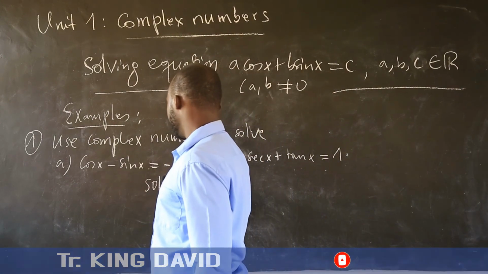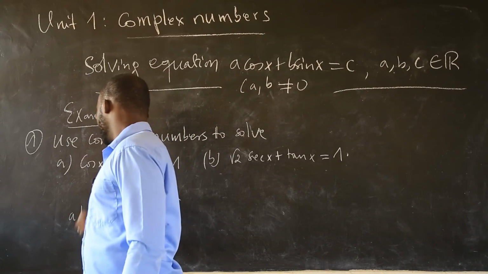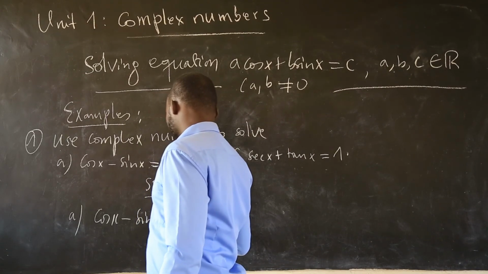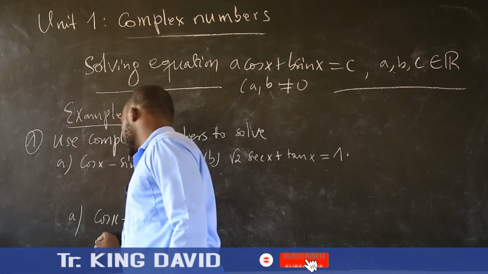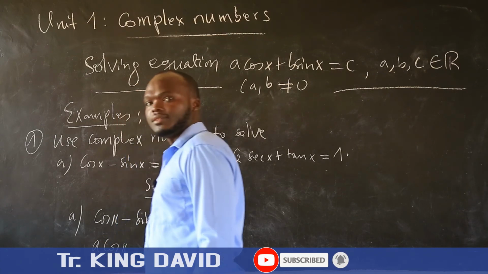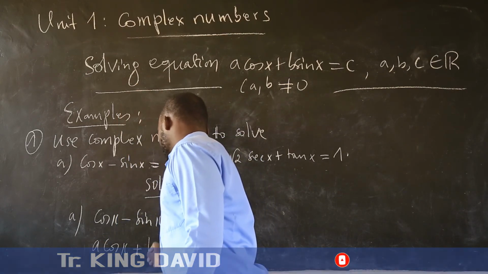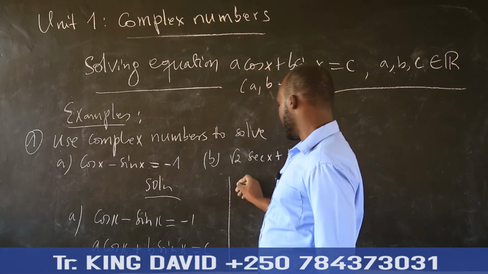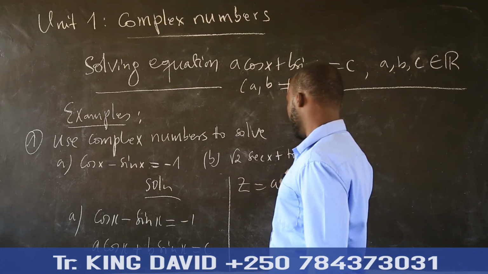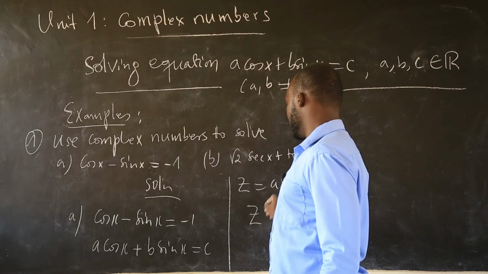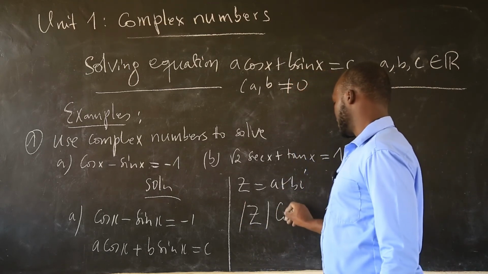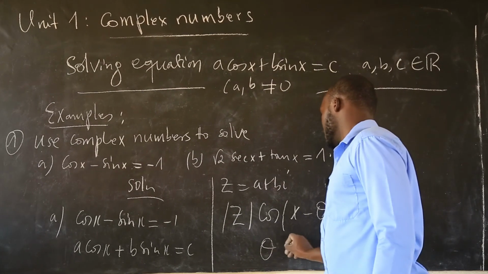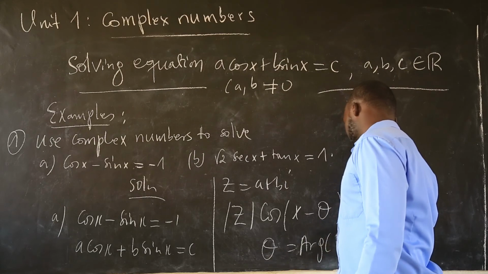Let us start with a. We have cos x minus sin x equal to -1. When we compare with a cos x plus b sin x equal to c, you know that z equal to a plus bi, then the magnitude of z cos of x minus angle equal to c, where angle is the argument of z.